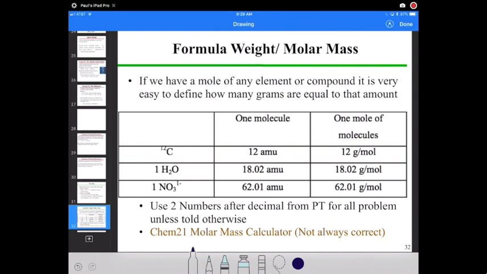the 23rd carbon atoms. For water, if I measure out 18.02 grams, it would be equal to 1 mole. For nitrate, it would be 62.01 grams for every 1 mole. Okay? And so we are going to create what are called formula weights or molar masses.